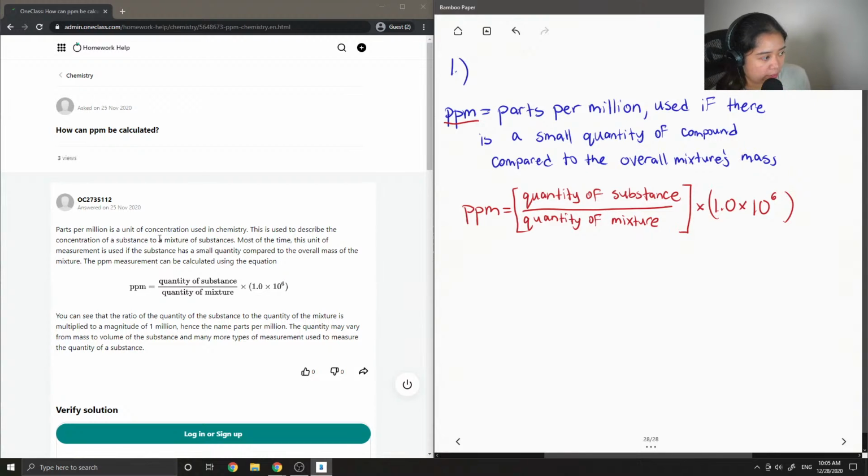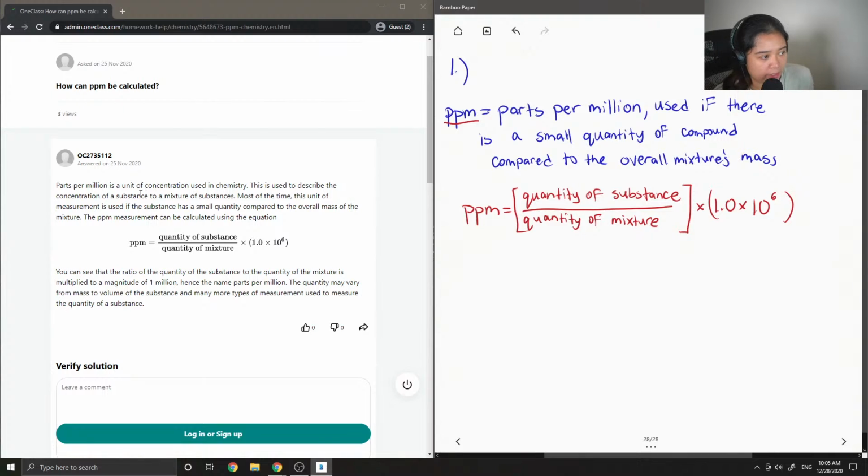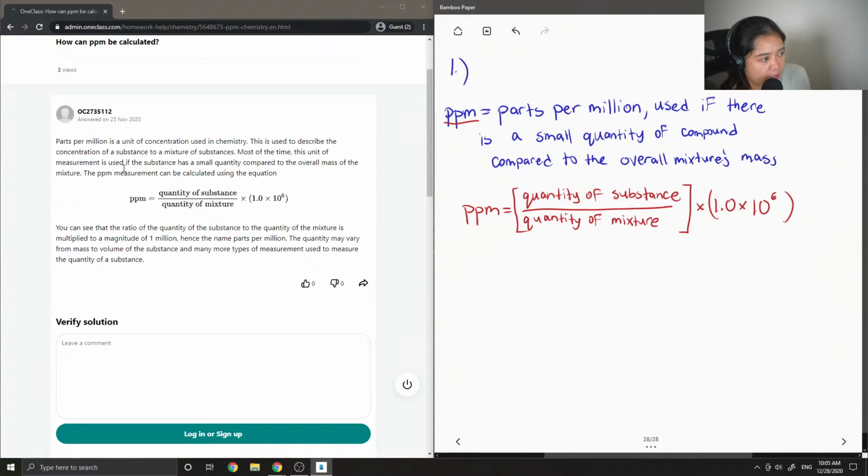So the junior tutor said that parts per million is a unit of concentration used in chemistry. This is used to describe the concentration of a substance in a mixture of substances. Most of the time, this unit of measurement is used if the substance has a small quantity compared to the overall mass of the mixture. The ppm measurement can be calculated using the equation quantity of substance divided by quantity of mixture times 1 times 10 to the 6.